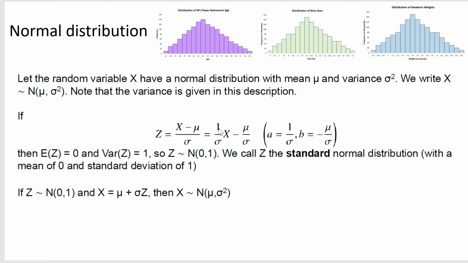A is a coefficient, 1 over sigma, and b is mu over sigma, and x is a variable. If we achieve this, then we call z the standard normal distribution with a mean of 0 and a standard deviation of 1.